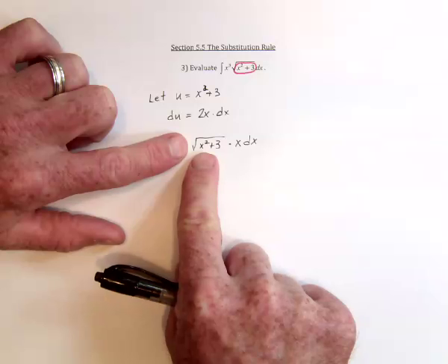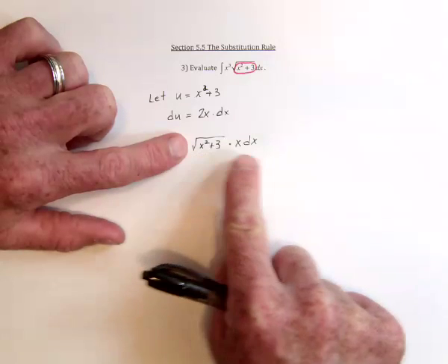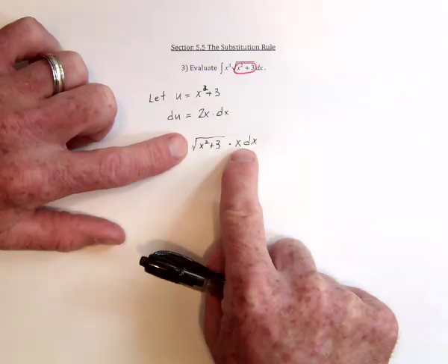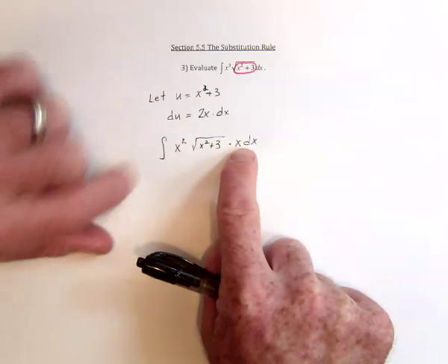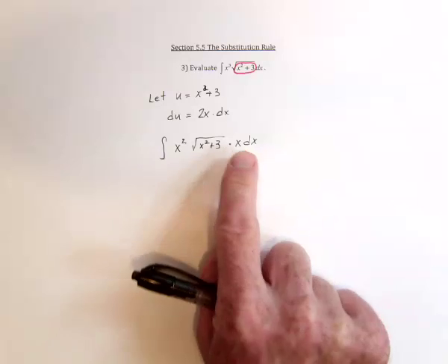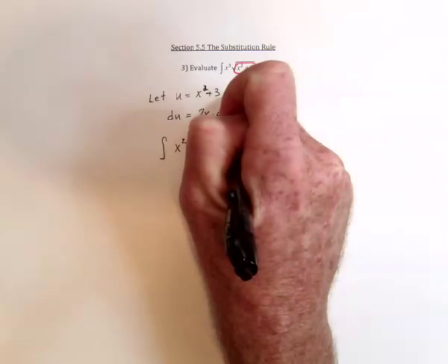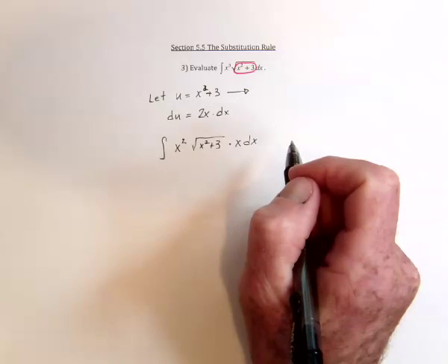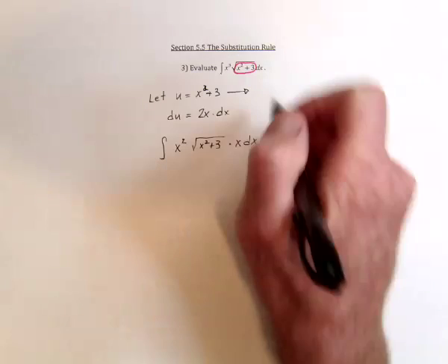This is going to be the square root of u. Once I divide by 2, this is going to be 1/2 du. But then there are these extra x's. So what we need to do is go back to the u substitution and find out what x, or in this case x squared, equals.